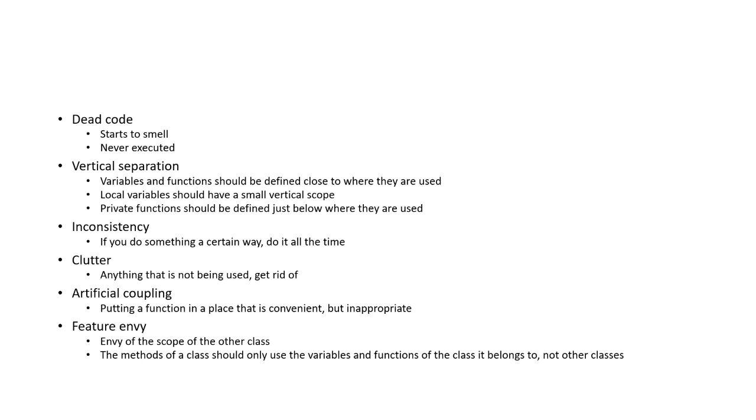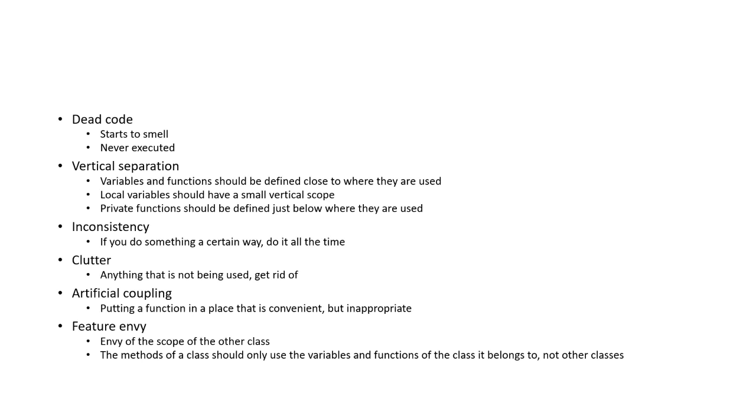Vertical separation, we talked about this in regards to classes and how variables and functions should be defined close to where they are used. Local variables should have a small vertical scope. So if you define a local variable, it should be utilized right away, like right underneath it. This is shown whenever you loop through something and you have a local variable.